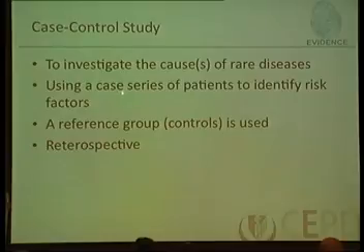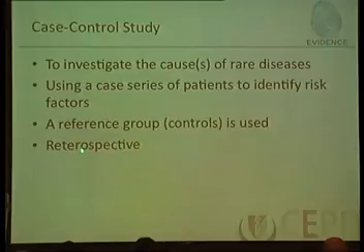Alright, so you can use the case series equation and identify risk factors, and researchers should always compare those patients, after asking them about their previous exposure, with a group of healthy people, disease-free for the disease of interest.